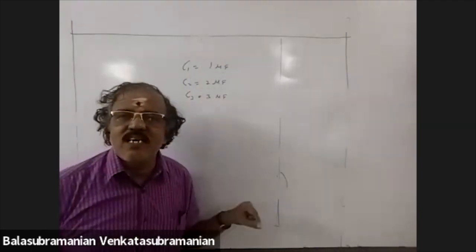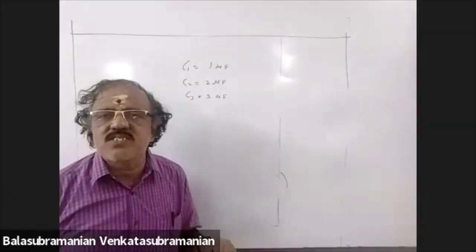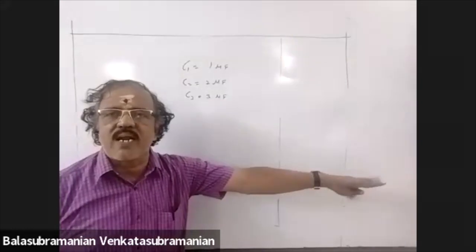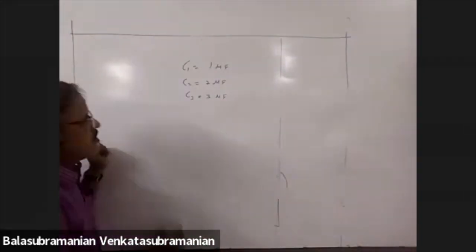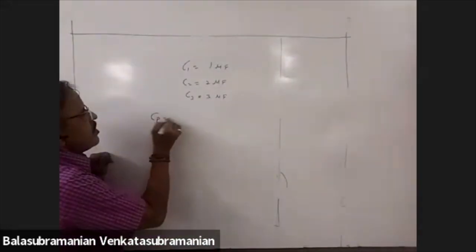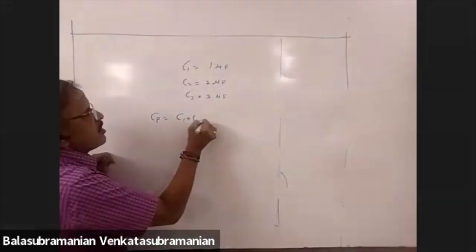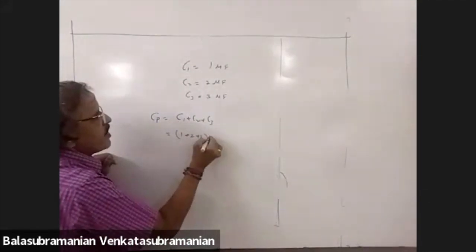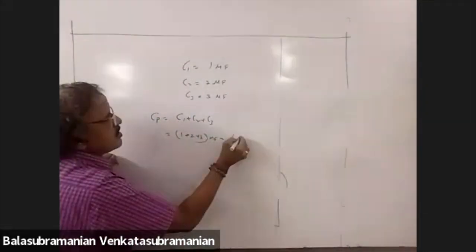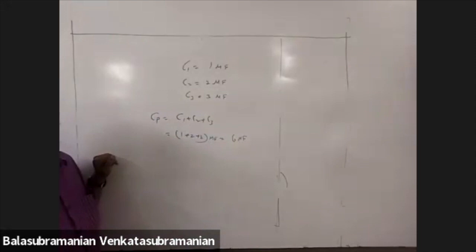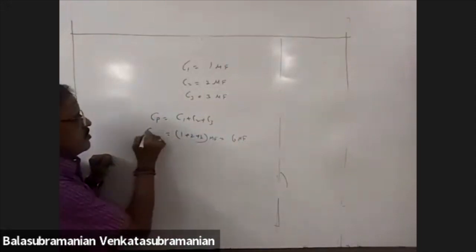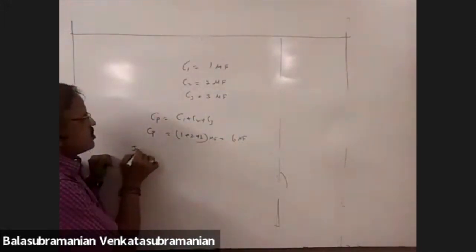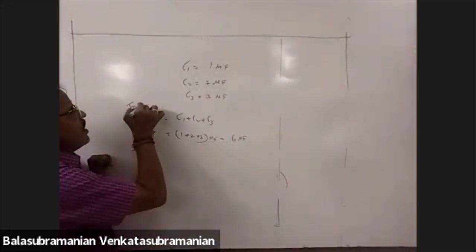Calculate the resultant capacitance when they are connected in series and when they are connected in parallel. That is the question. Cp is C1 plus C2 plus C3, 1 plus 2 plus 3 microfarad. This is in parallel.